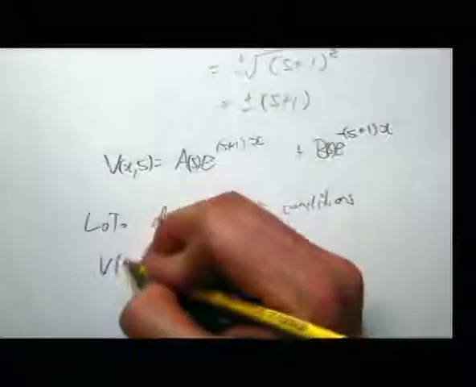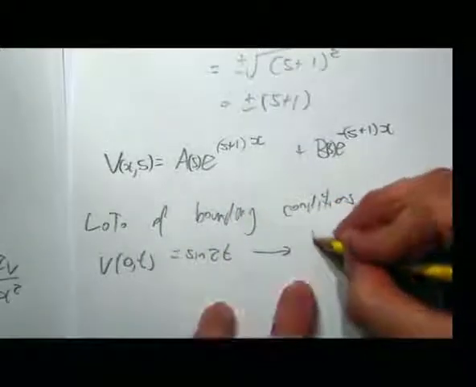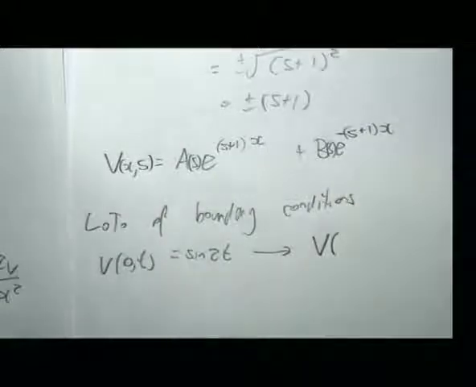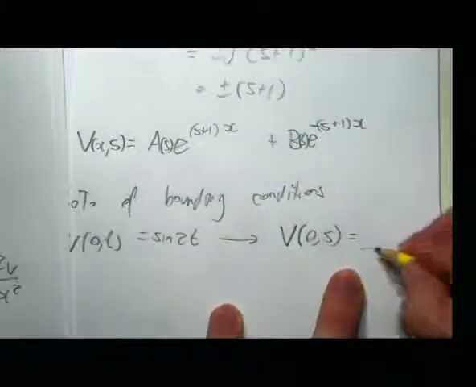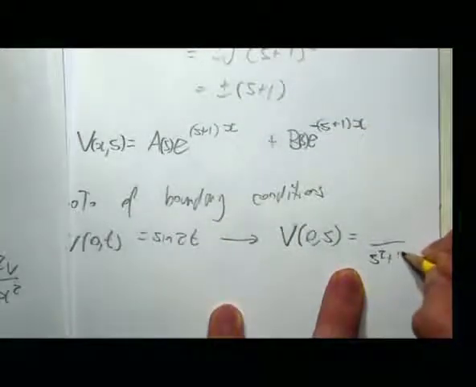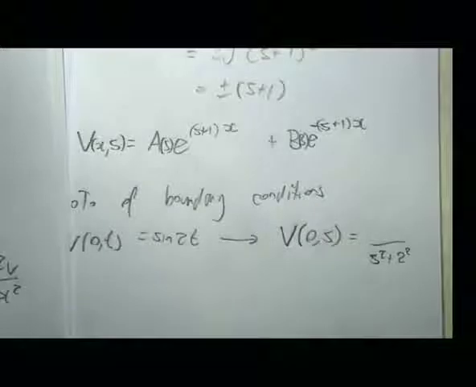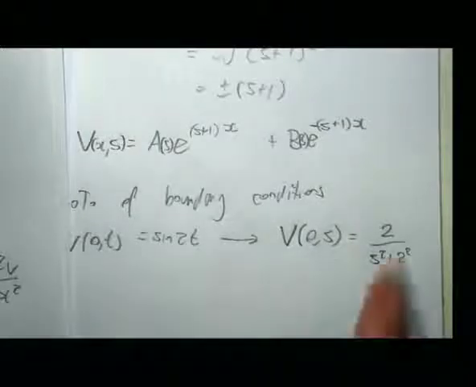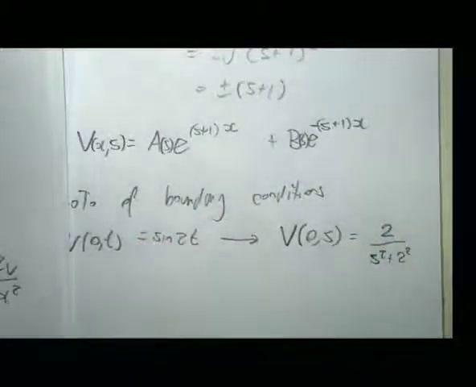So we have V naught t. And the Laplace transform of sine was 2 over s squared plus 2 squared. Now, normally the Laplace transform of one half sine 2t would have a 1 there, so this must have a 2 here. So normally if this was a 1, that would be a half, so because this is a 1, that has to be a 2, because we had to multiply them both by 2.